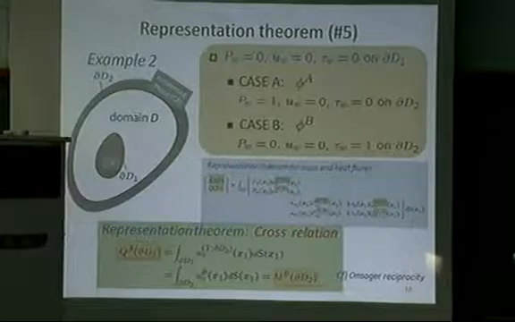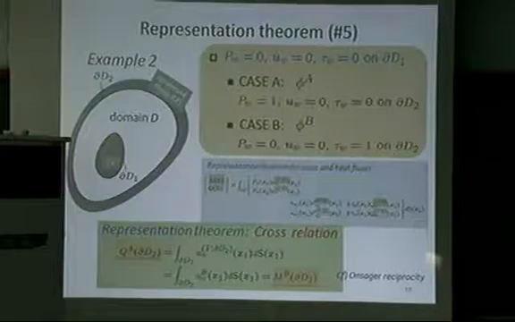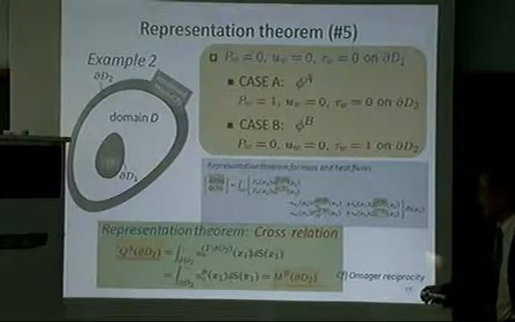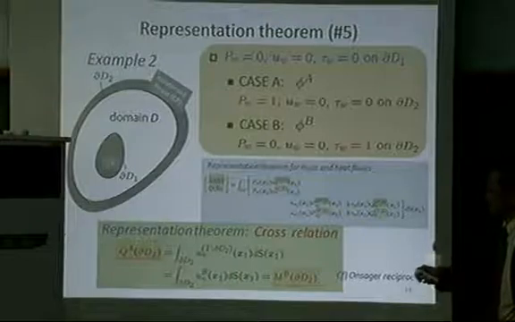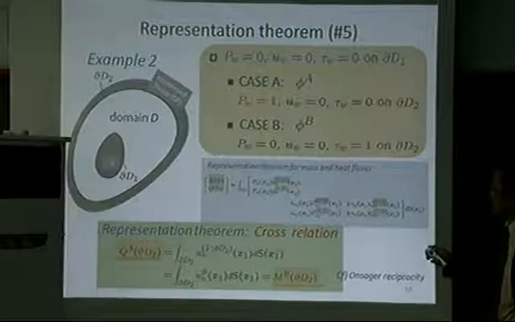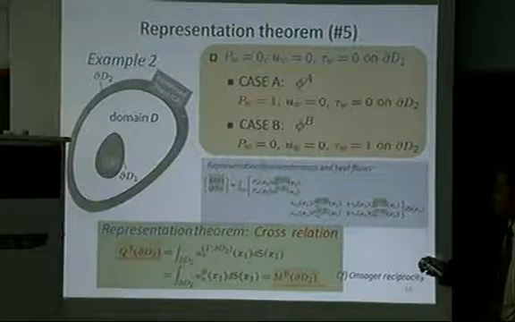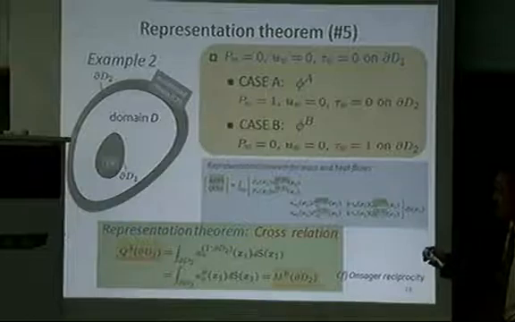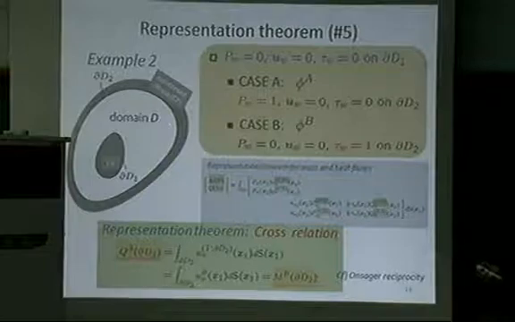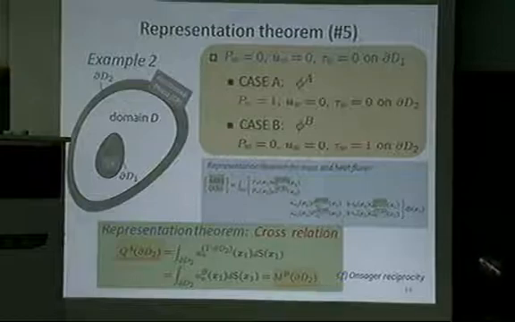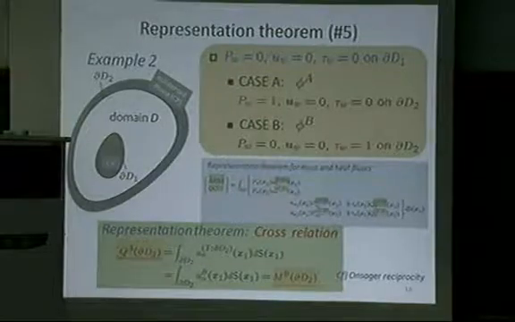If you consider these two situations, by considering this representation, you find that the heat flux that the outer interface receives for case A, so only the pressure changes, in such a case, the heat flux on this surface is the same as the mass flux on this boundary for case B, the temperature difference. This is one example of the Onsager relation.